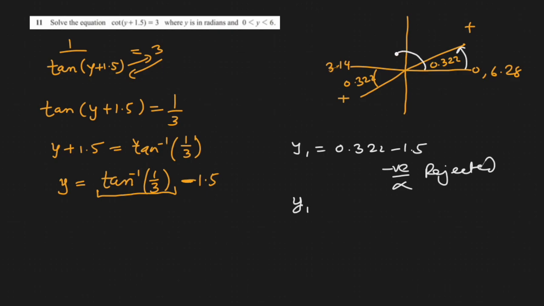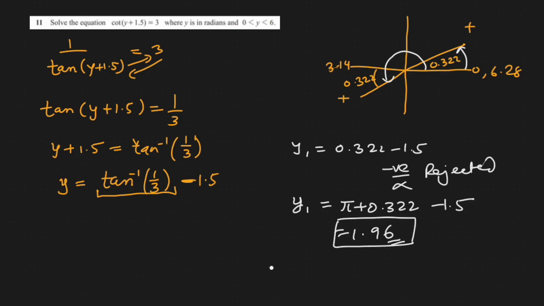The second one is this one, which will be pi plus 0.322. This is the tan inverse 1/3 minus 1.5. This may give us some answer. It is giving us 1.963. So I can write 1.96 radians. That is the first answer. Let's go to another part, which is we want positive, right?